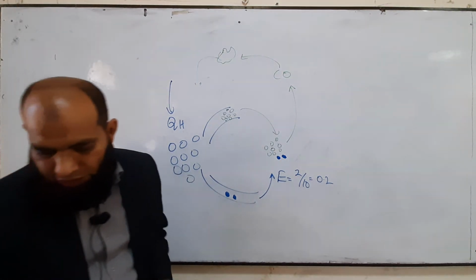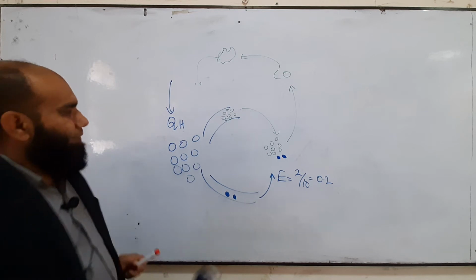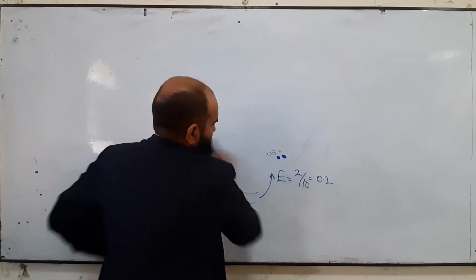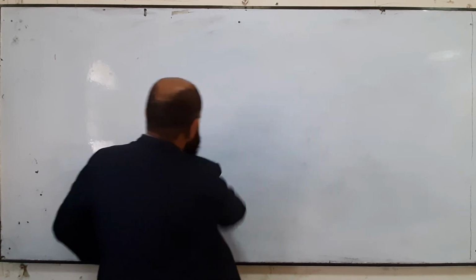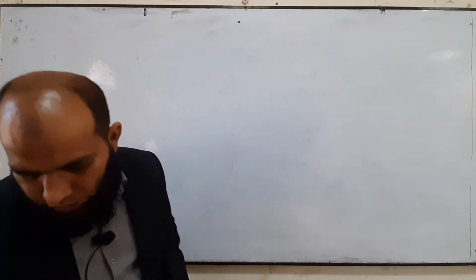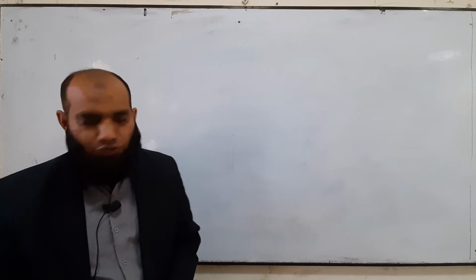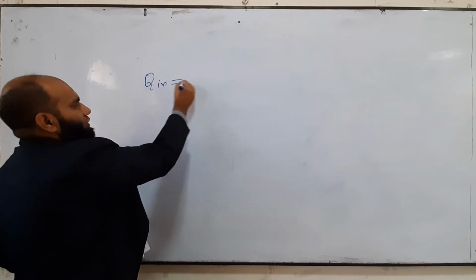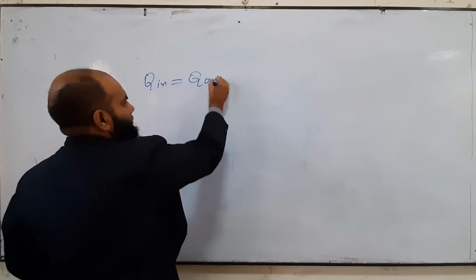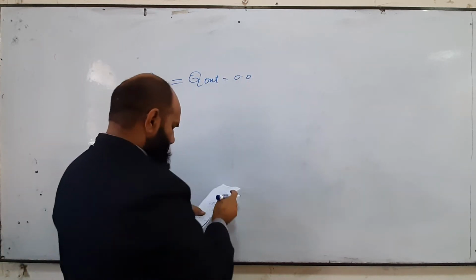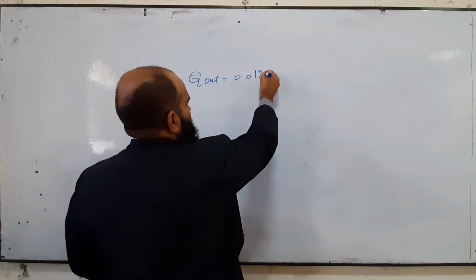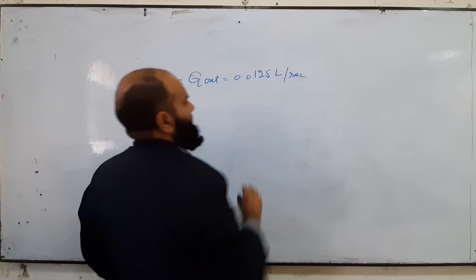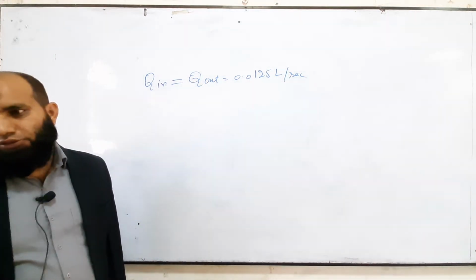For example, if we know the amount of plasma getting in and out is the same, we have Q in and Q out of the organ. Q in is equal to Q out, which is equal to 0.0125 liter per second, which is approaching.